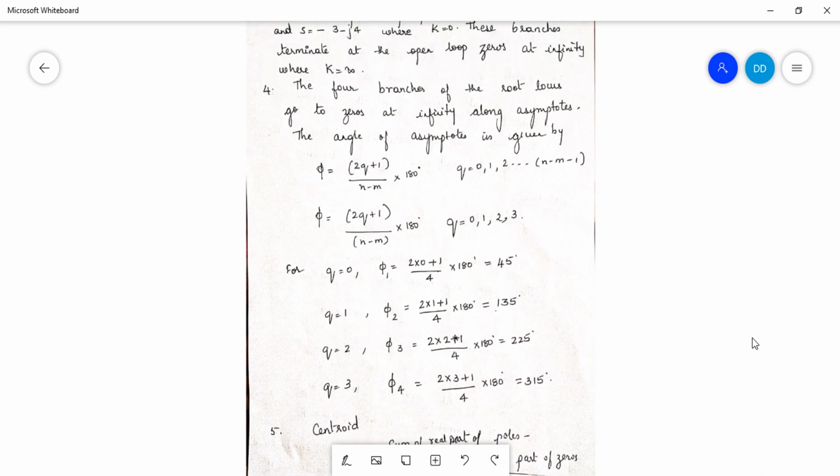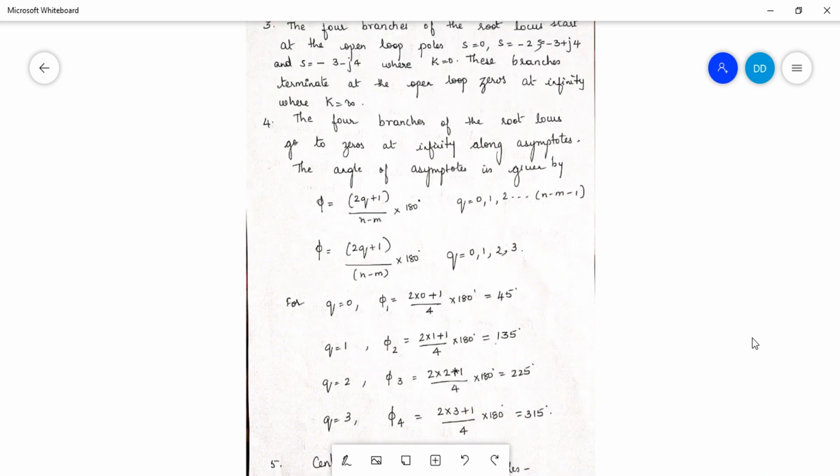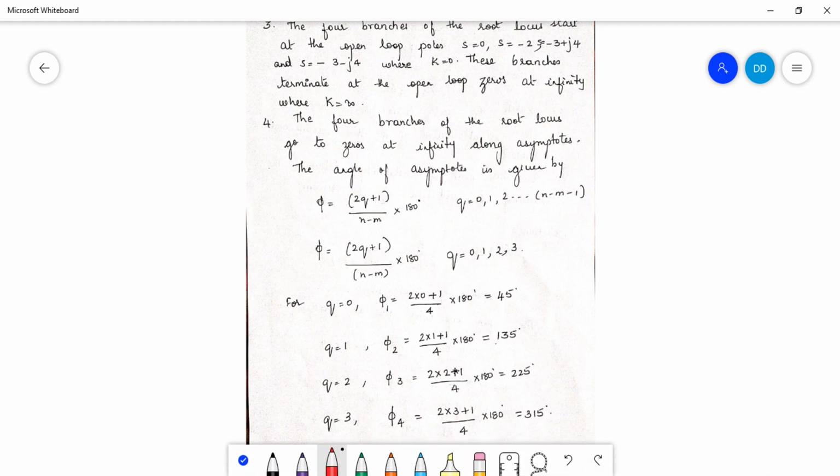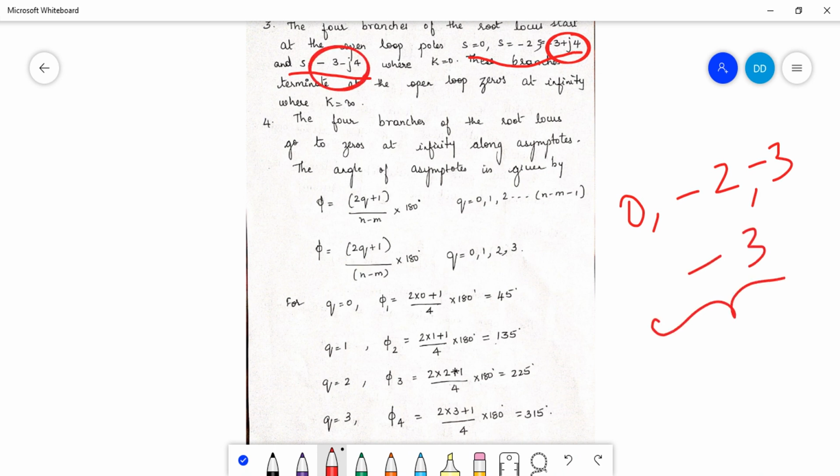If you look here, our poles are at s = 0, -2, -3+j4, -3-j4. So the real parts are 0, -2, -3, and again -3. These are our real parts of the poles, which we will use to calculate the centroid.